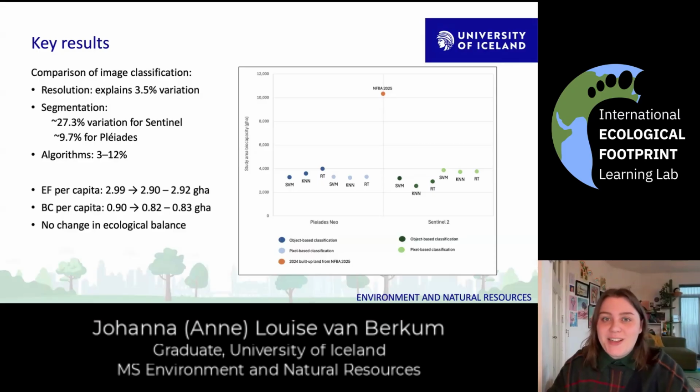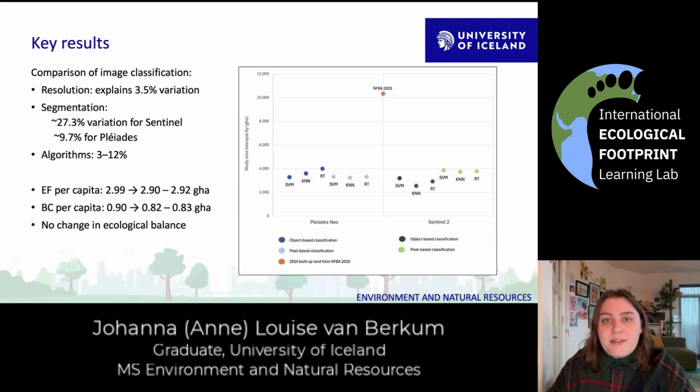Then in segmentation, this is where the biggest difference in the results is coming from. Specifically for Sentinel, the variation can be explained by segmentation for 27.3%. Very, very significant.